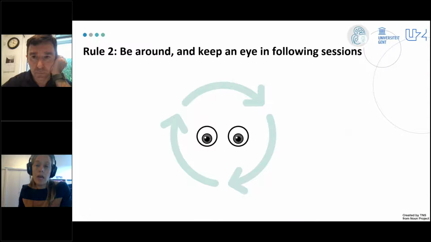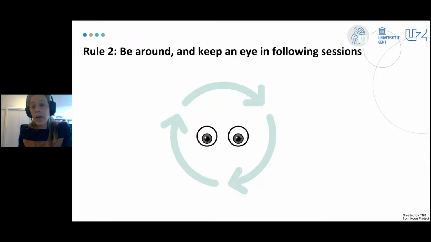The second rule in starting dialysis is to be around at that first hemodialysis session, and also to keep an eye in the following sessions in that initial period. During that first session, you have a child and a parent who is always stressed. It's something new. They don't know what to expect. It's also sometimes a fistula who has to be needled for the first time.